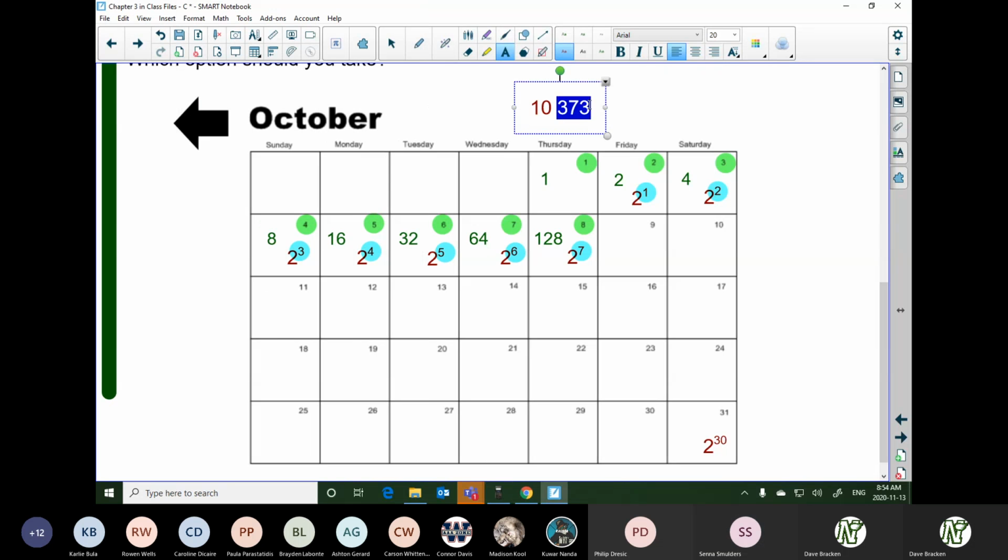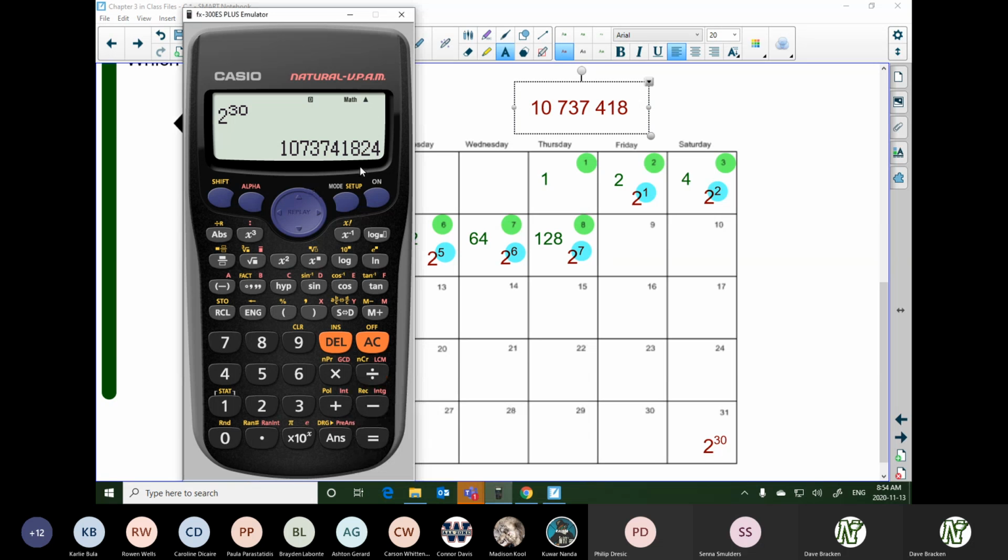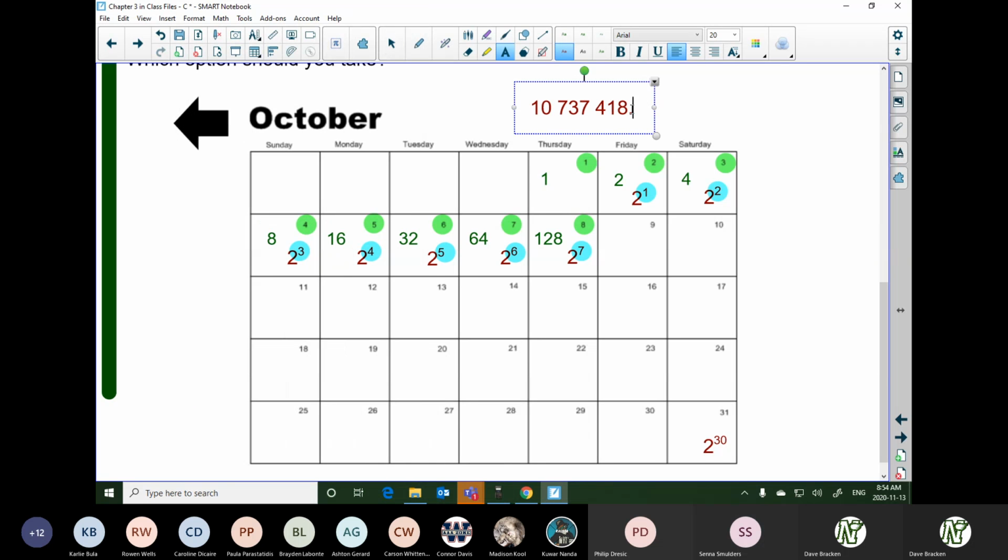So let's go 737 space 418 space. The reason I'm breaking it up like this is on the end we've got 0.24, so I'm going to put decimal 24. What I just did was I divided that by 100, and by dividing by 100, I've switched this from pennies to dollars.